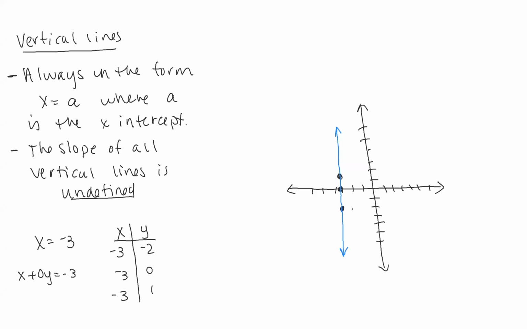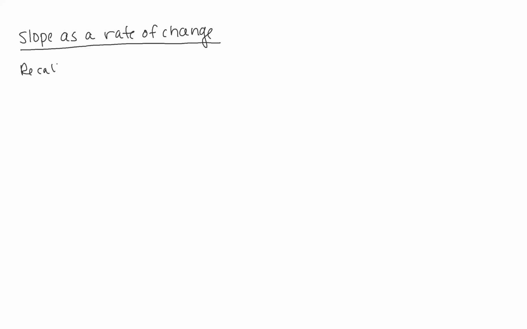Now, for the last thing we want to cover, we want to talk about slope as a rate of change. Recall, slope is the ratio. Ratio just means you're dividing one by the other.